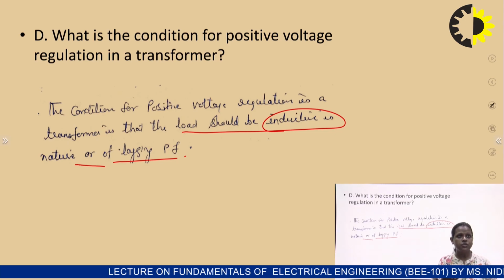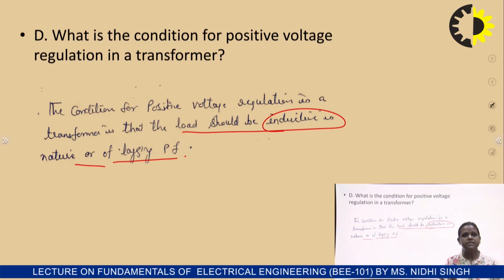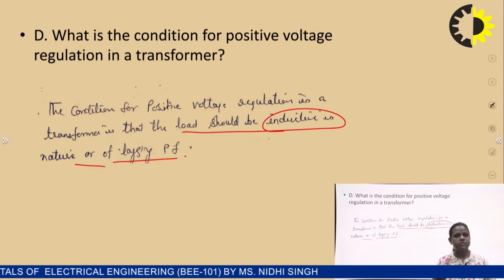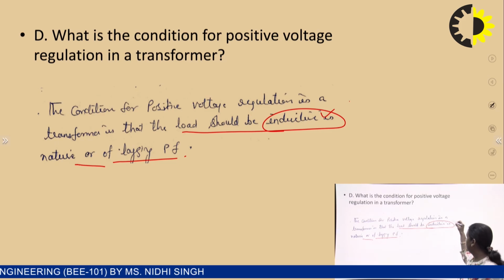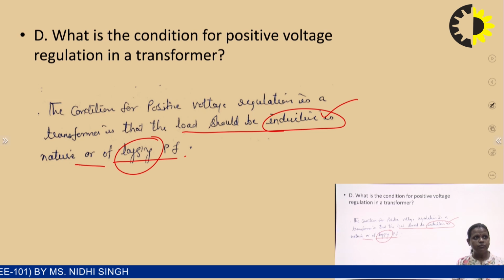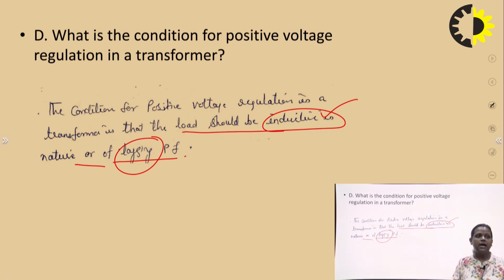In case of negative voltage regulation, the load should be capacitive in nature, or we can say that there should be a leading power factor, right? So the question can come in both ways. For positive voltage regulation, the load should be inductive or lagging power factor, and for negative voltage regulation, the nature of load should be capacitive and a leading power factor.